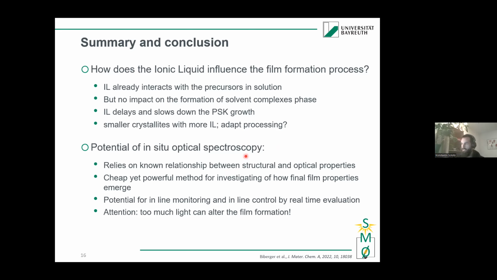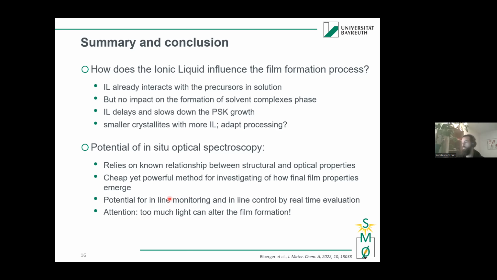It is a cheap yet powerful method for investigating the film formation, so how final film properties emerge and how they can be manipulated. And overall, this method has great potential for inline monitoring and also inline control, because you can basically evaluate some of the optical properties during the processing and adapt the processing accordingly.